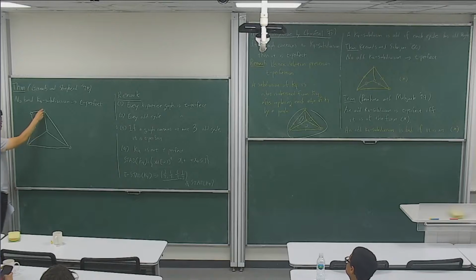But if you add this set, this becomes T-perfect. So this graph contains a bad K4 subdivision, but this is T-perfect. So this kind of says that this T-perfection is not preserved under this deletion. So you can subdivide the edges, but this is not T-perfect for now.